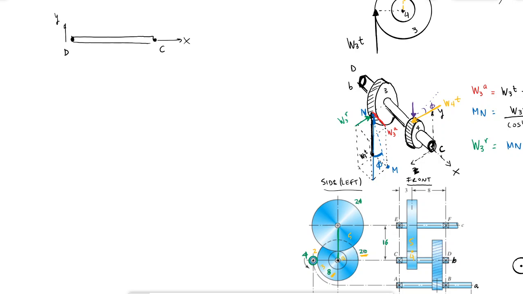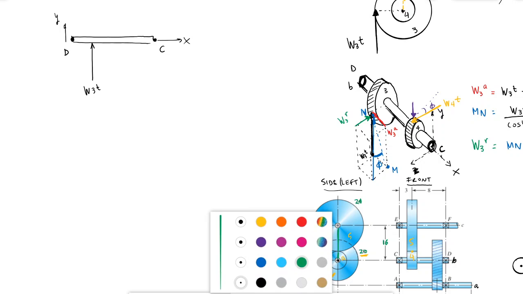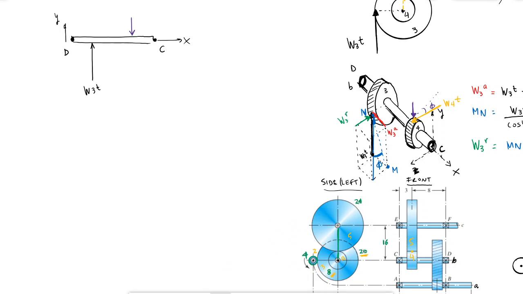So at gear 3, I would see the black vector coming up, W3T. And at gear 4, I would see a purple vector coming down, which is W4 radial. And I know those values. I already have all those 5 values. Okay. The other thing that I need is the distances.